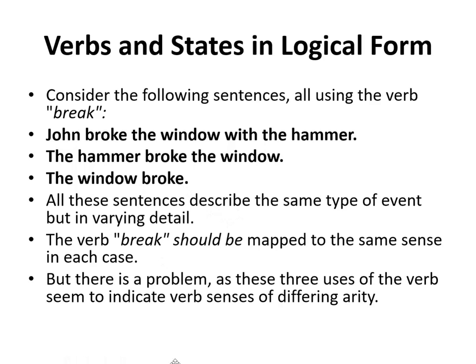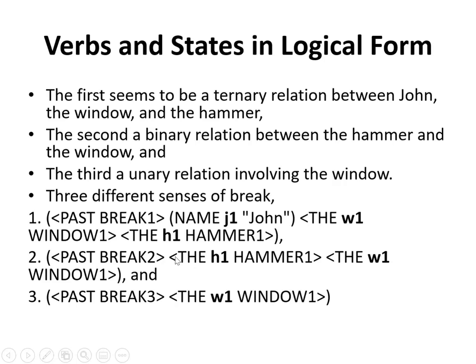All these sentences describe the same type of event but in varying detail. The verb break should be mapped to the same sense in each case. But there is a problem, as the three cases of the verb seem to indicate verb senses of different arity.